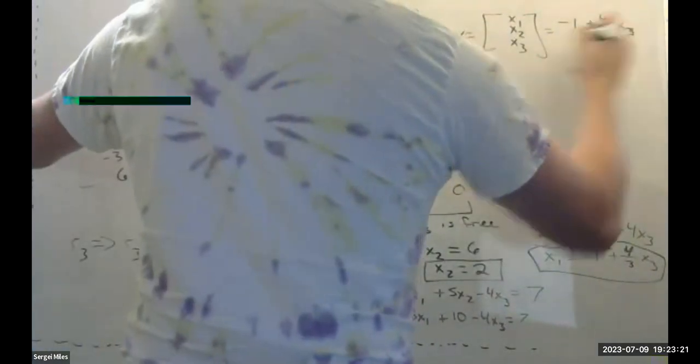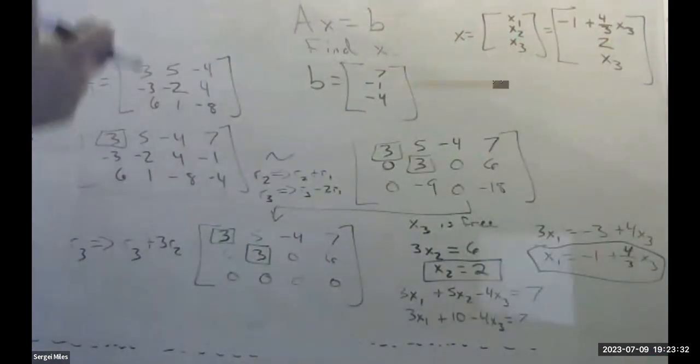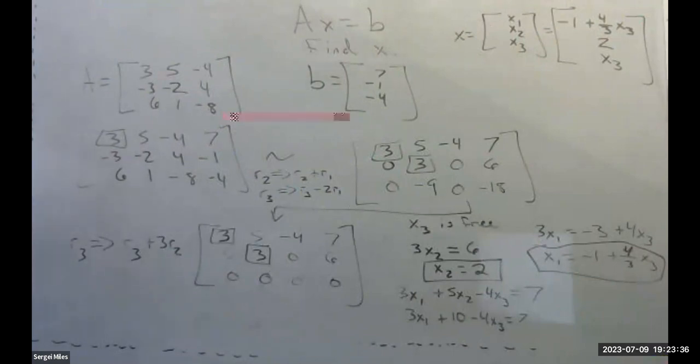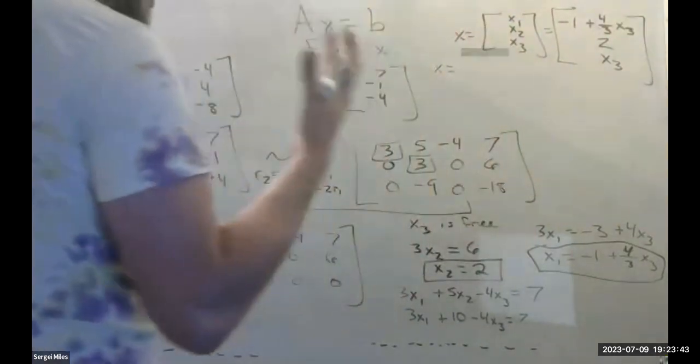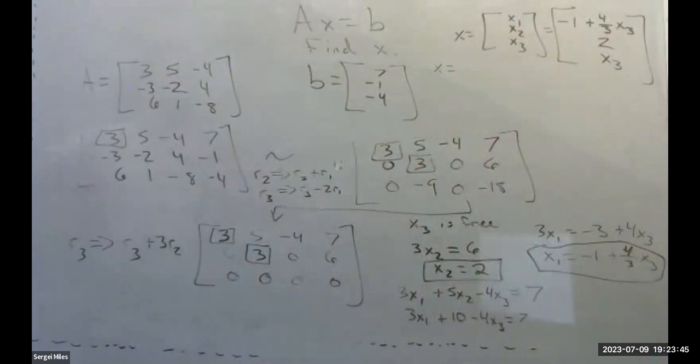What is x2? x2 is 2. What is x3? x3 is free. It can be anything. So here's my general solution. But now in order to write it in parametric vector form, that means I need to pull it apart. So I have my free variables outside as scalars multiplied on something. Okay, well, this also highlights it's okay to have a constant vector where there are no variables, no scalars being multiplied.